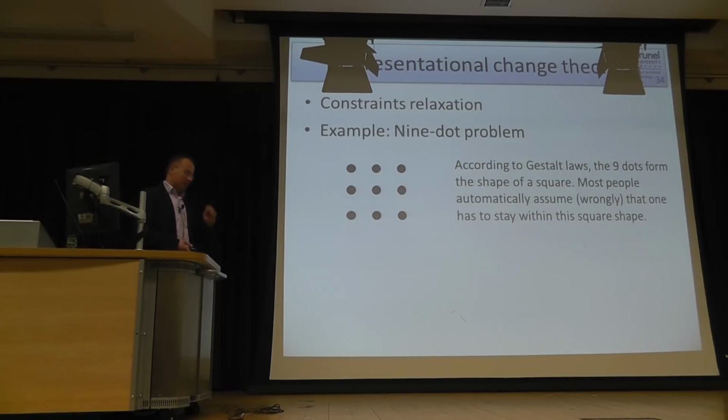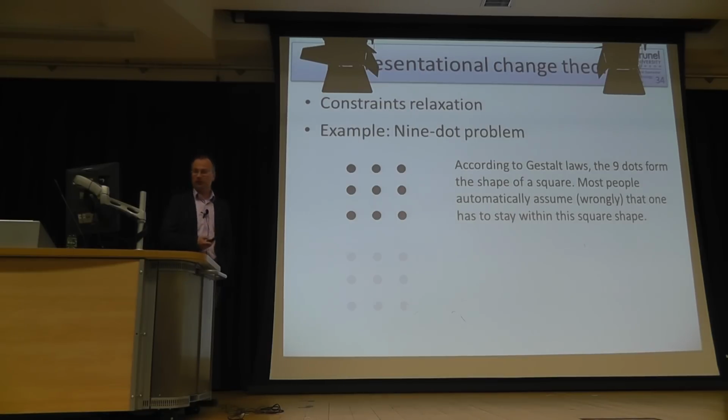The problem lies in that, according to Gestalt psychology, we automatically see a kind of a square here. And most people automatically assume that we have to stay within the square when we connect the dots. This was never specified. It was never posed as a constraint that we can't go outside the square.